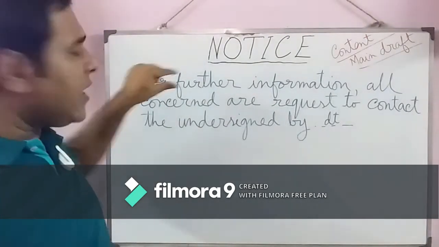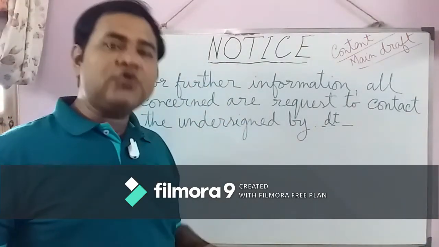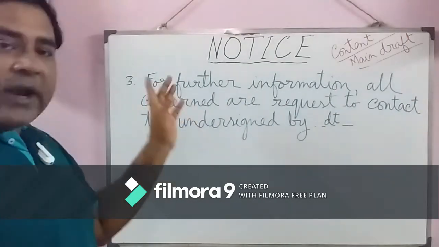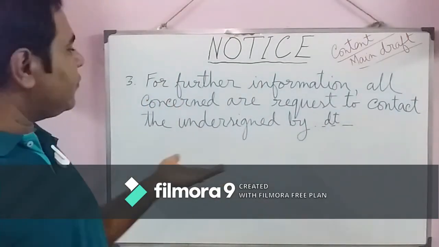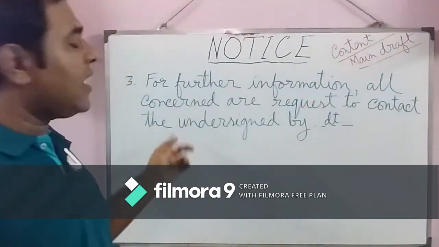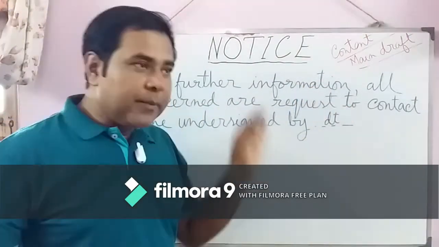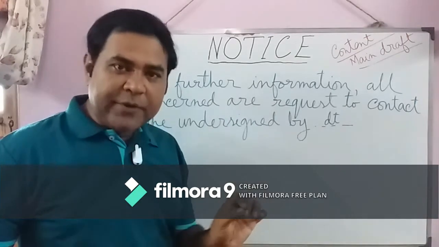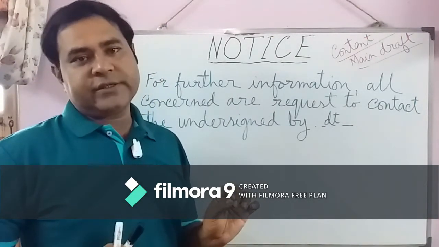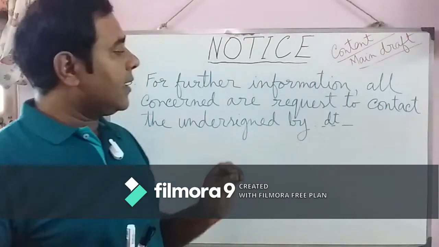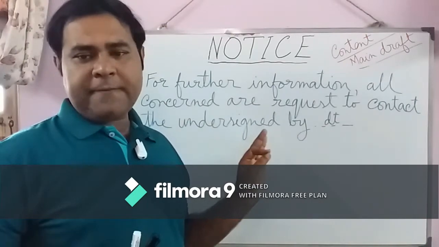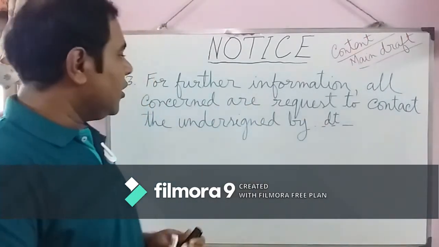we say that for further information, if anyone needs to know more in detail, all concerned who are actually in quest of knowing that detail are requested to contact the undersigned, the person who is signing below at the right part of the notice, at the bottom. This undersigned is the issuing authority of the notice.